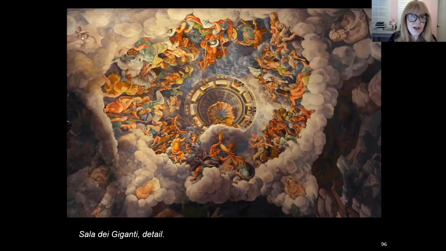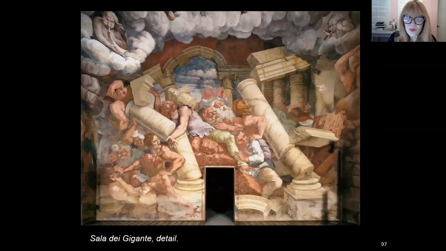And even right here, you can see a zephyr. A zephyr is a wind-blowing god. Here's another zephyr where they're blowing, just like the instrument, the zephyr. And here's another image. Here again, these giants are trying to destroy this area.